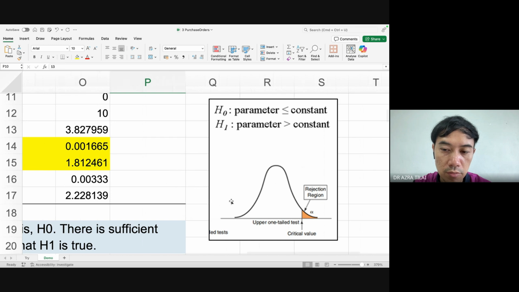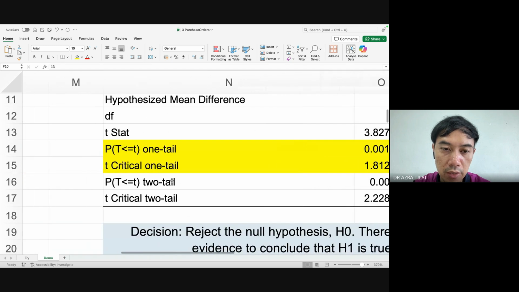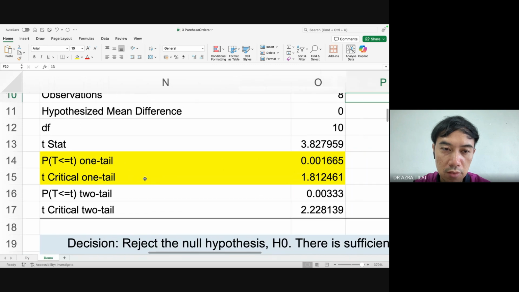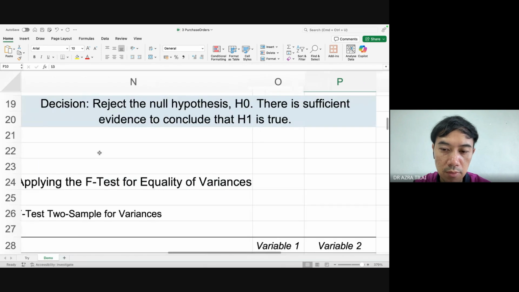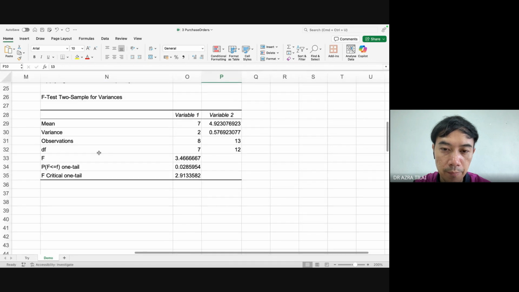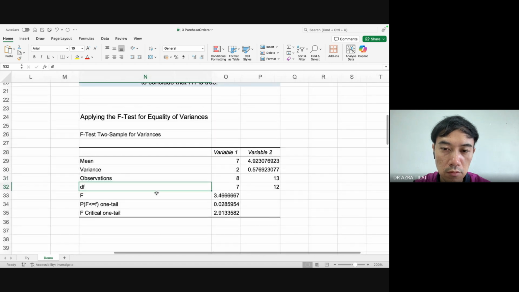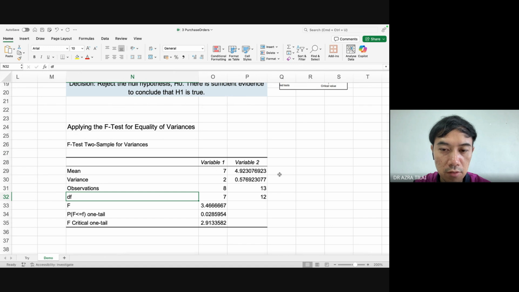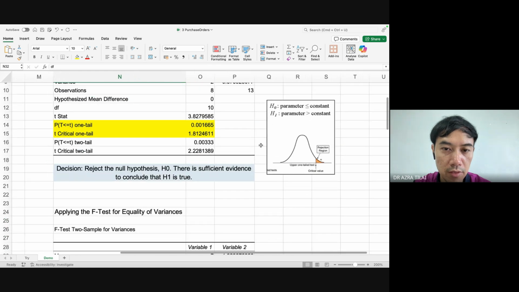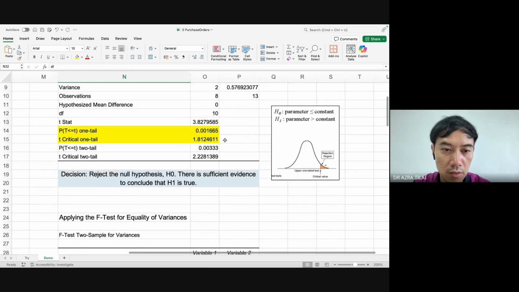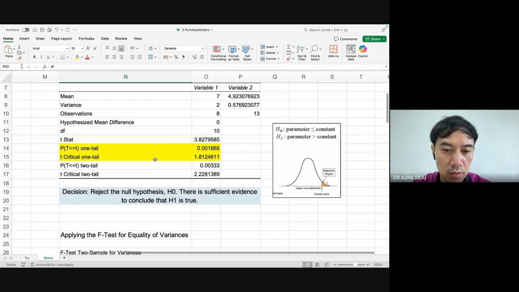Okay, so based on the t-test, the t-statistic. 7 minus 4.9 is around 3.1, right? So the answer here is to reject the null hypothesis.